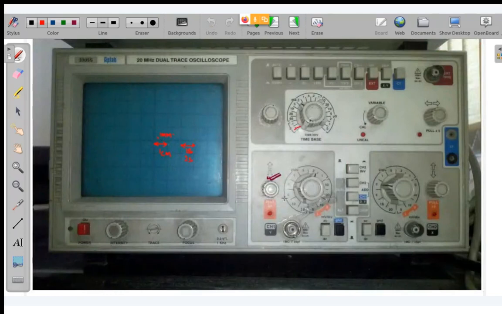So, okay, where is it? Even I have to check. Level is over here, means slope and level. This is level, but I cannot see the slope. Where is it? Slope setting.